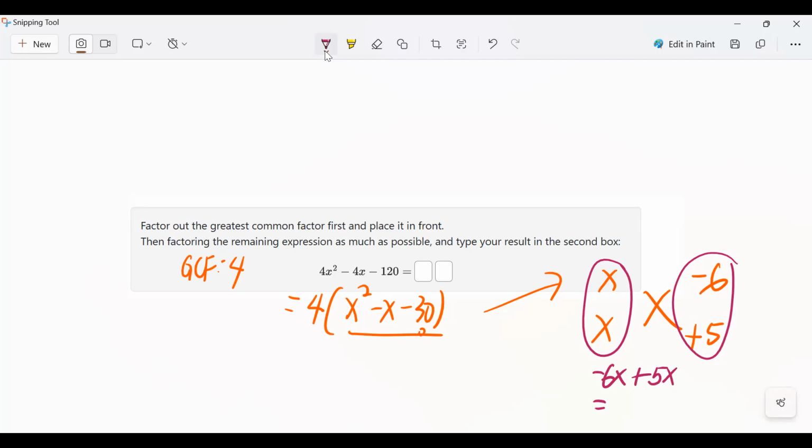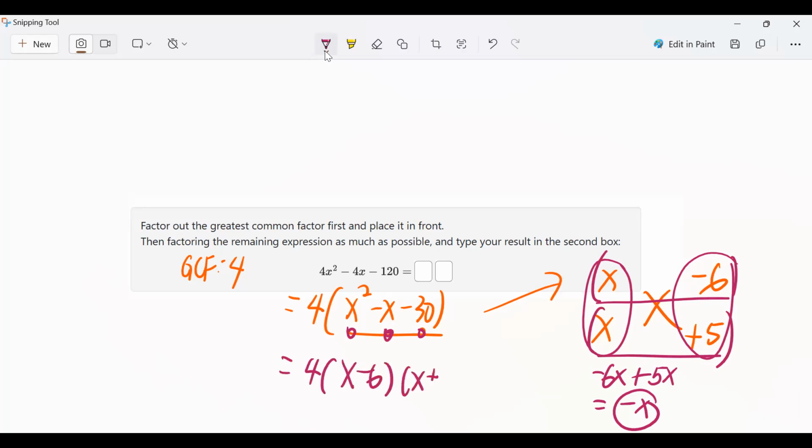Then -6 plus 5 is -x, which is the middle term. So all three terms are confirmed. The top is x minus 6, the bottom is x plus 5. So it will be 4 times x minus 6, x plus 5. Any question about this?